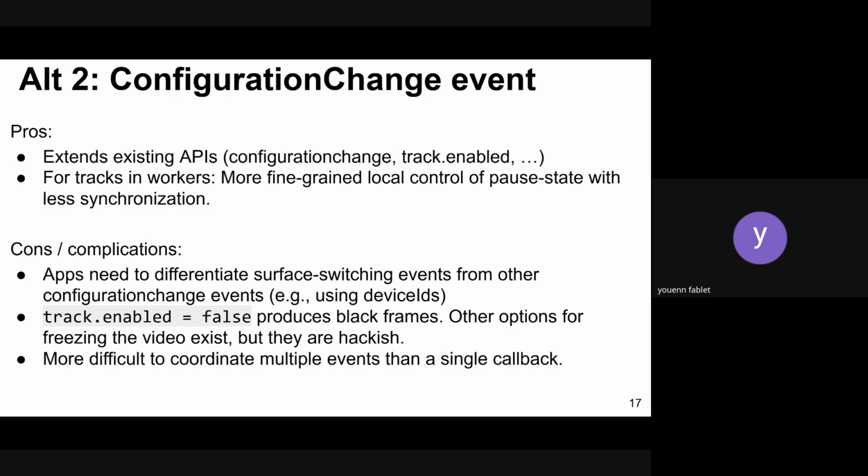In the case where you're doing the work in a worker, having the callback in window is actually more painful than anything. If you want to really control things, then you need to make the callback async, then post message to the worker, stop the emission, then go back to the window, and then re-enable. So it's not as simple as the configuration event in the worker case.